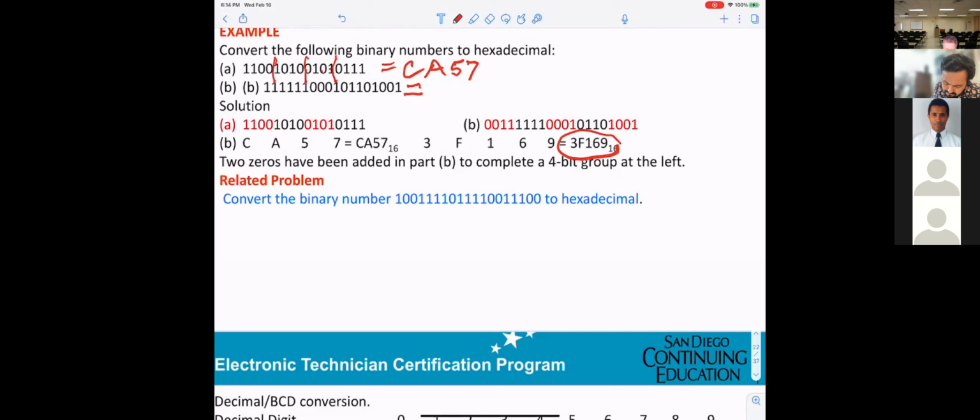Again, I want to help you. Make sure you divide by 4 bits. Okay. 1, 2, 3, 4. 1, 2, 3, 4. 1, 2, 3, 4.